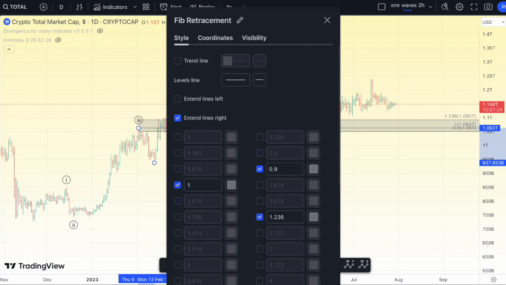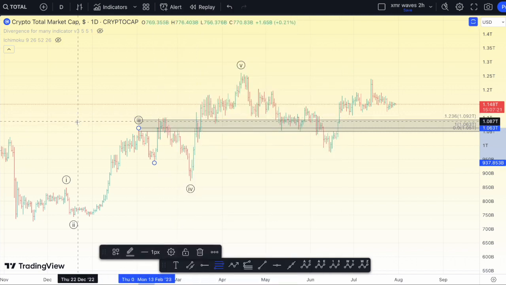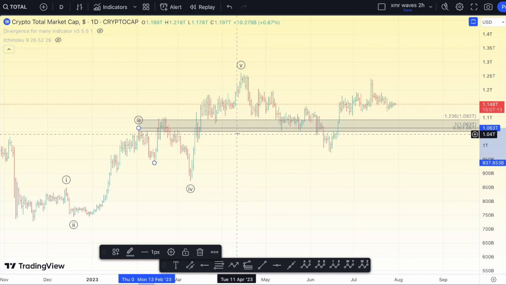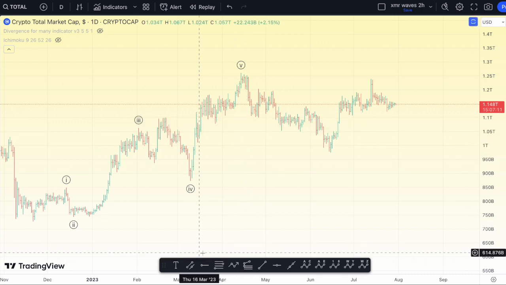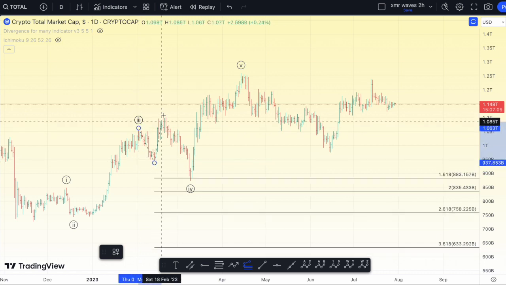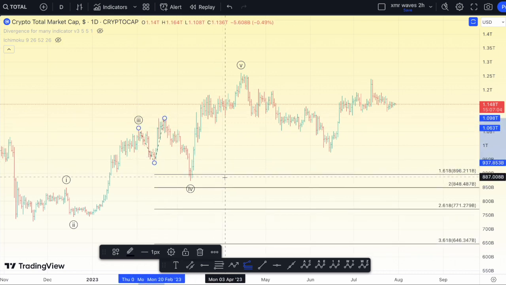Let's see. And as you can see, it's absolutely touched the 1.236 level, and then we had another leg down of 1.618, right? So this is what we actually faced right here. So this sits well within the structure for wave 4.